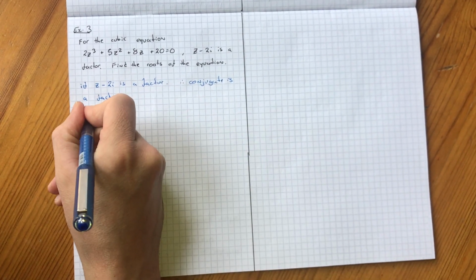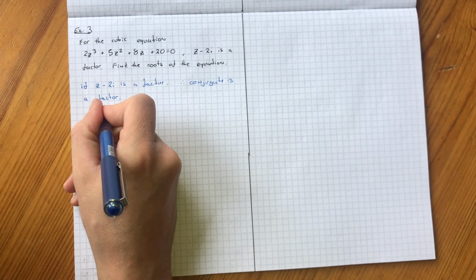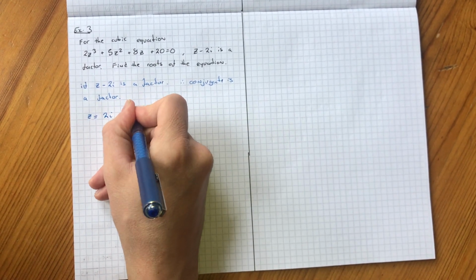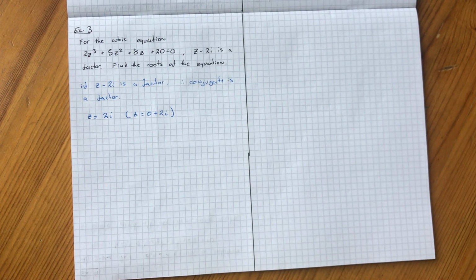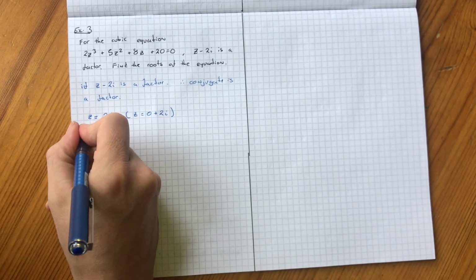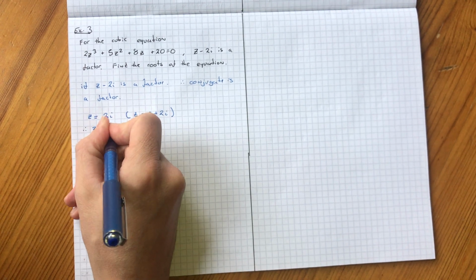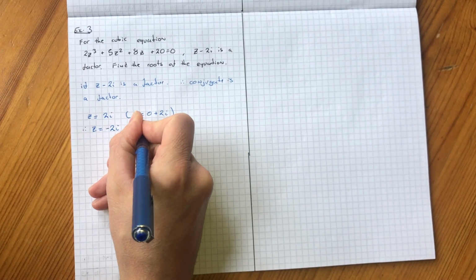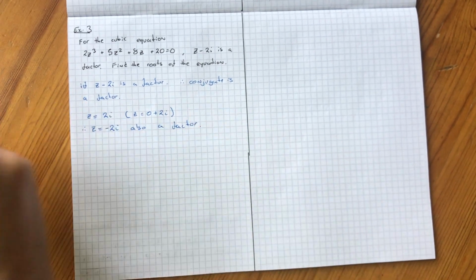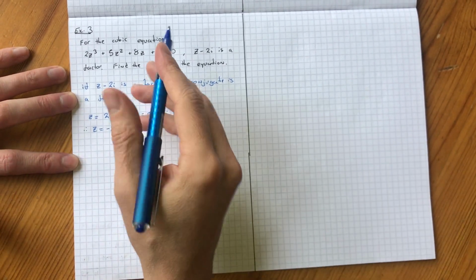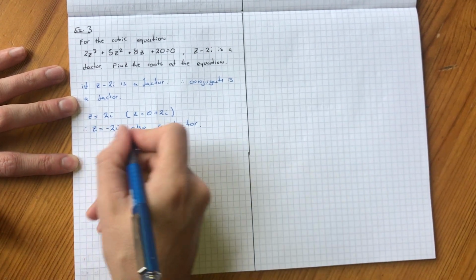So let's think of it as z equals 2i, or it would be z equals 0 plus 2i, where 0 is just the real part. Therefore, z equals negative 2i is also a factor. So, in order to get the complex roots, what we need to do is find out what the factors look like.